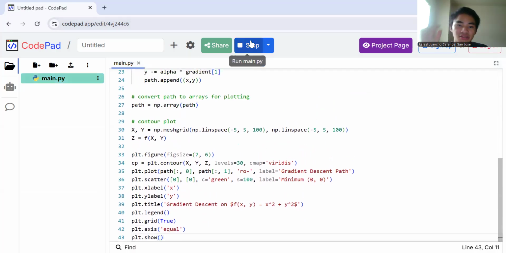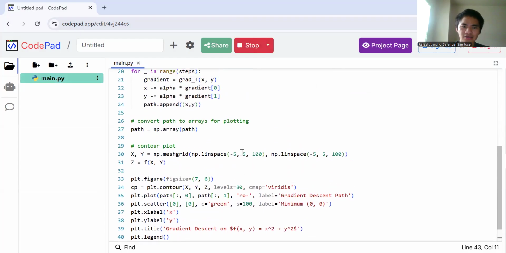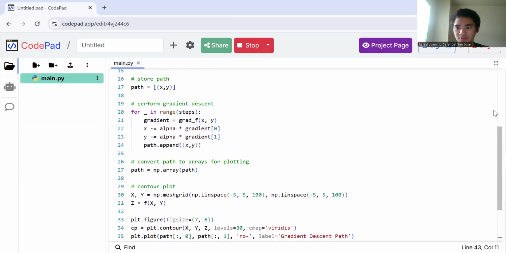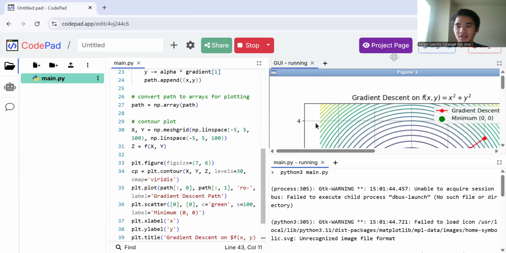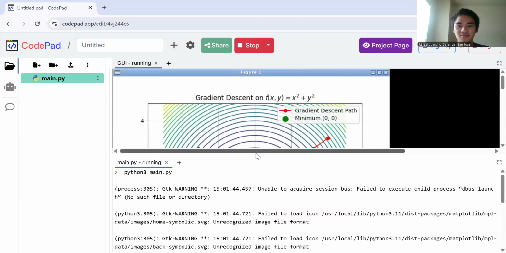Okay, now I'm gonna run this. And here, I hope this shows it. It's taking a while. Or did I? Oh, there you are. Okay, so here's the gradient descent for that. Here we have a contour plot.